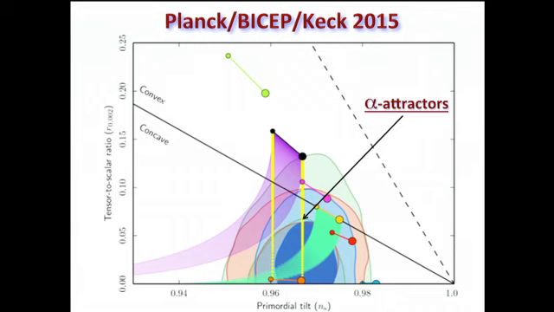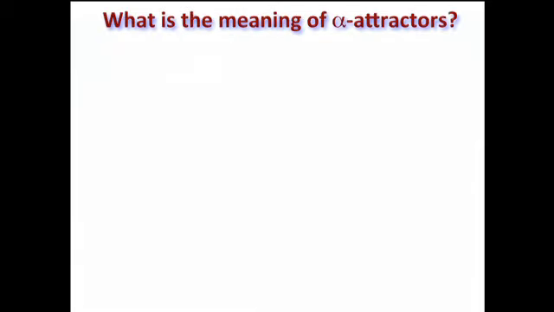What was surprising during the two years after the first large data release of Planck is that we discovered a very large class of models with the property that almost independently of the structure of the potential of the theory, they all, in some limit, zoom down to this area, which fits Planck data very well.